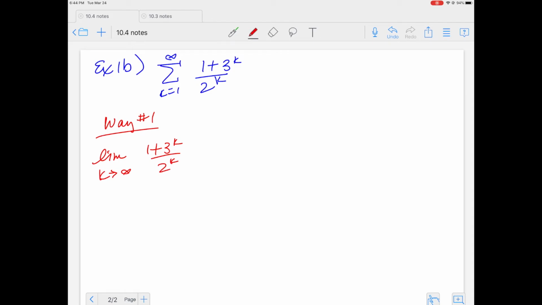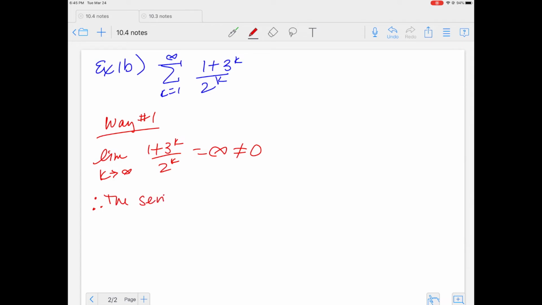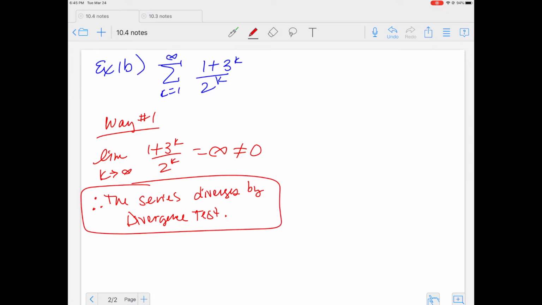Infinity, right? And infinity does not equal 0. So because infinity does not equal 0, I know that the series diverges by the divergence test. Bam, you're done.